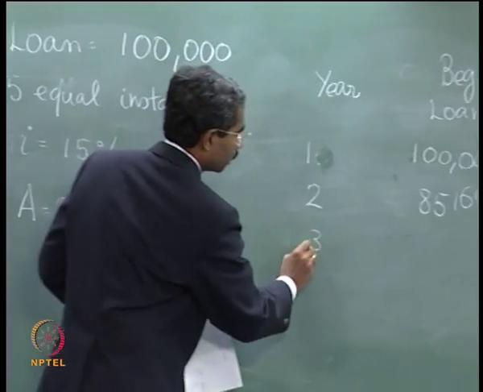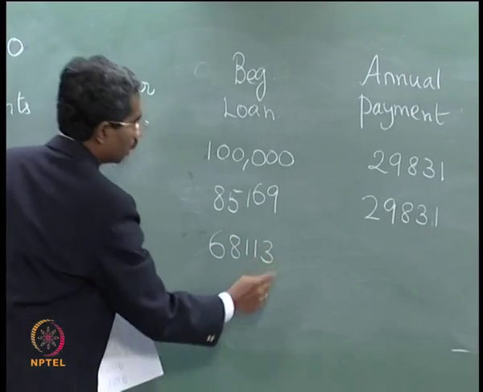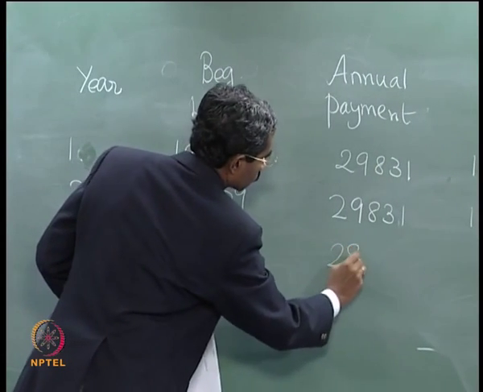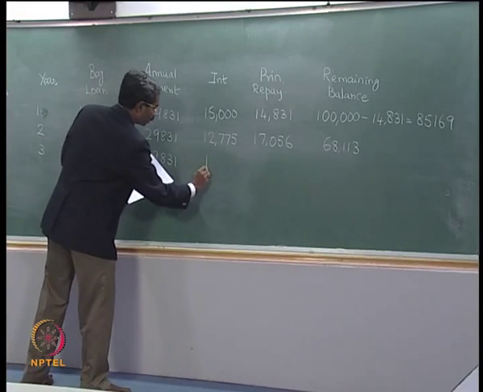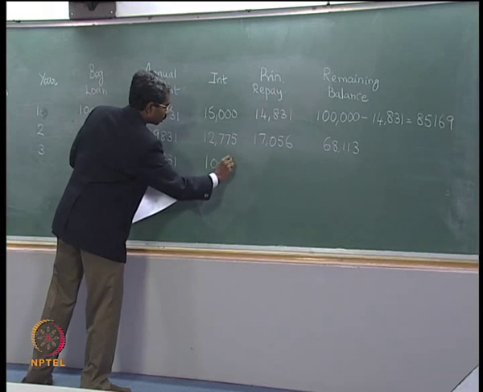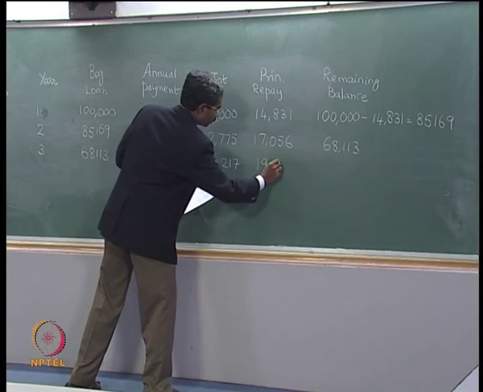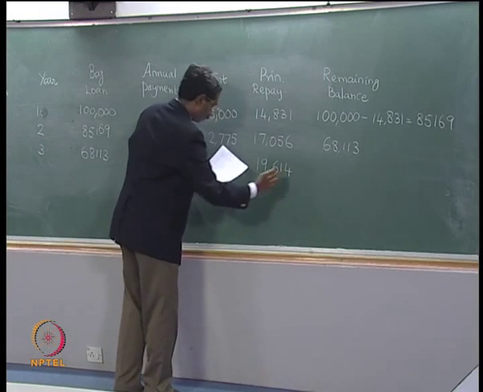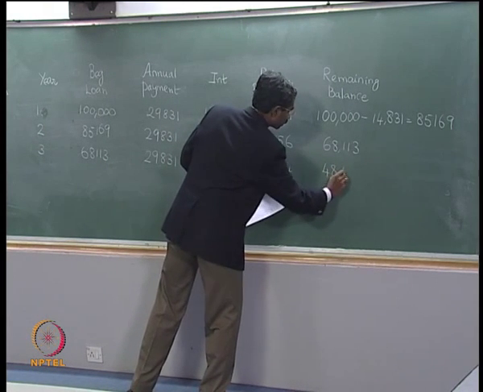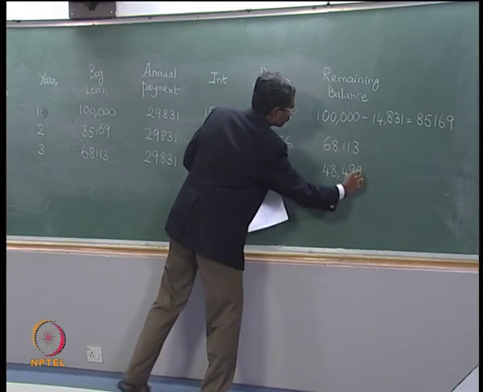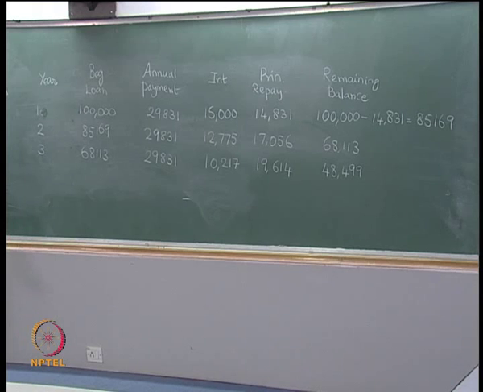And in year 3 the opening balance becomes 68,113, the annual payment is 29,831, the interest on the opening balance is 10,217, the principal payment therefore is 19,614, and the remaining balance is 48,499. So like that you can continue to do for all the years.